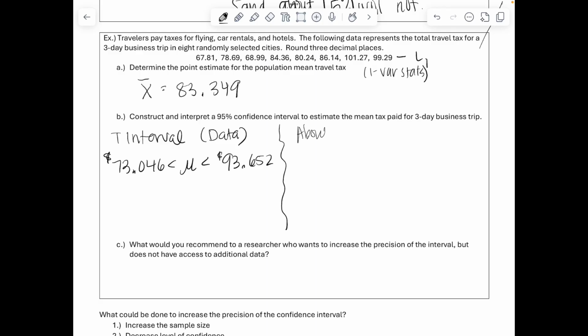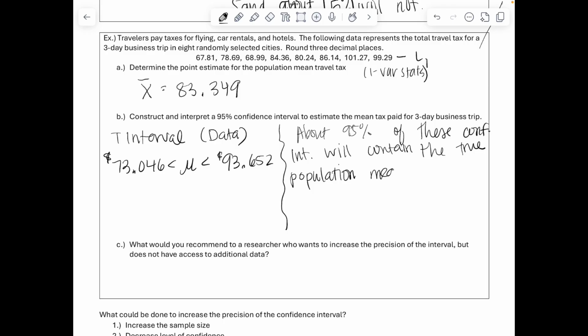And so interpreting our confidence intervals, we're going to say about 95% of these confidence intervals will contain the true population mean travel tax for a 3-day trip, and about 5% will not.